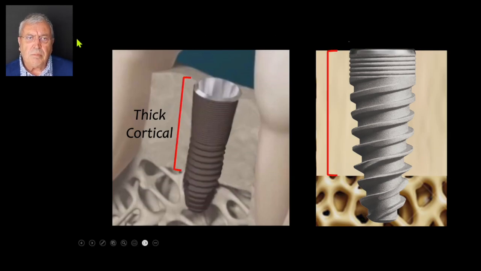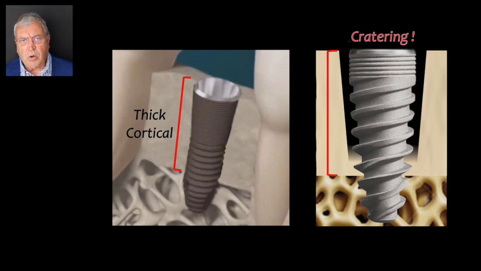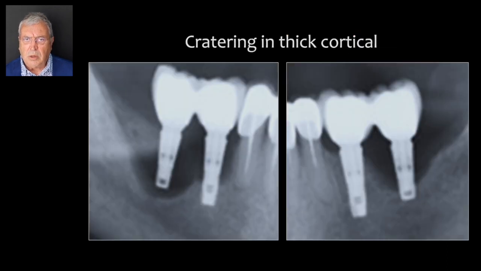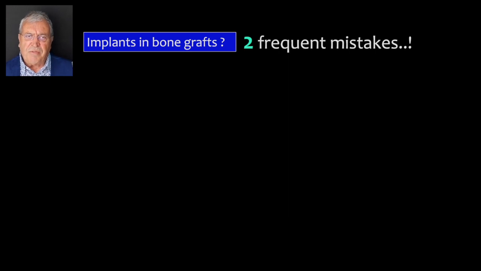When the cortical is sick, what happens? The implant presses the cortical and oxidizes it. Then we will meet a cratering, because the cortical bone does not support any pressure. We do bone graft, and we make two frequent mistakes.